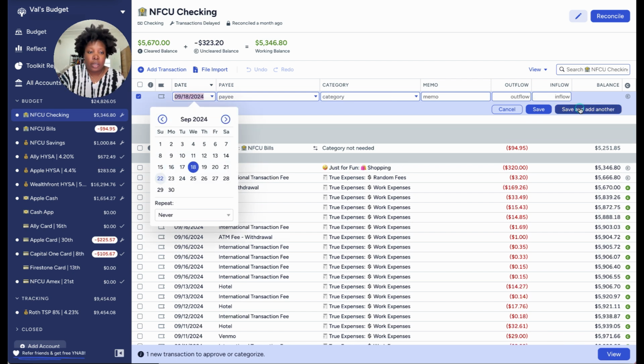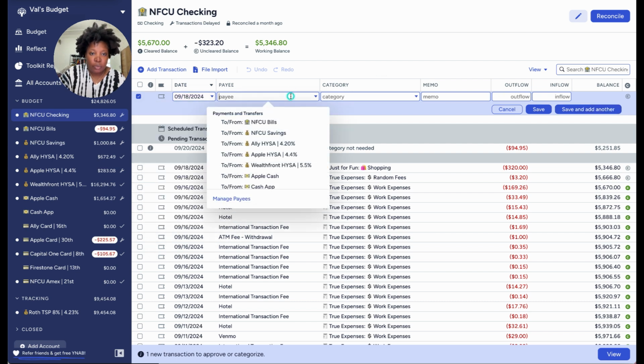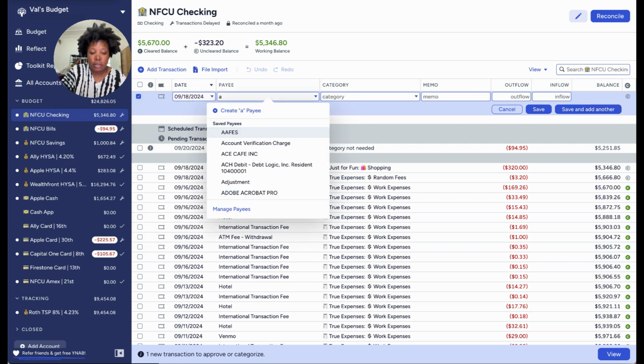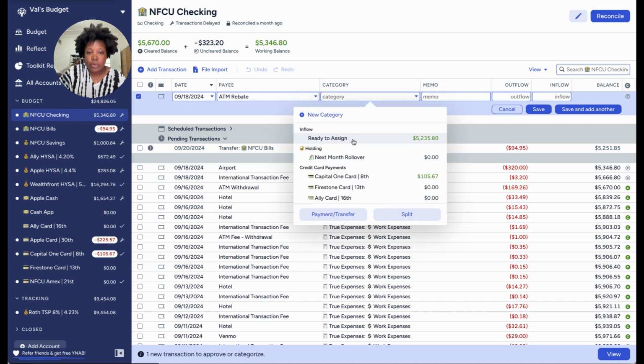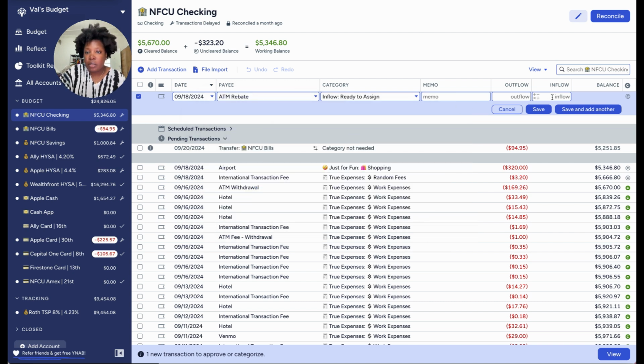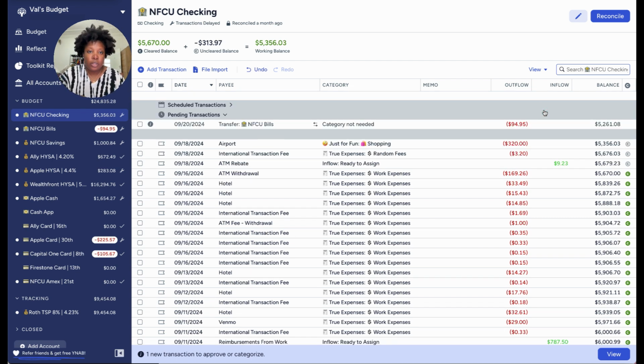And then we're gonna save and add one more. We have an ATM rebate. And we're going to put this in ready to assign, and it was an inflow of $9.23. So we're gonna save that.